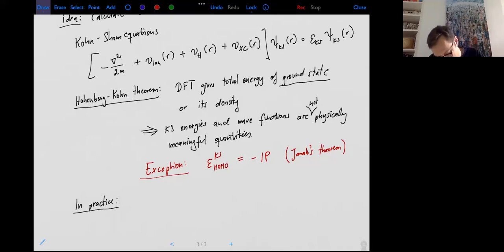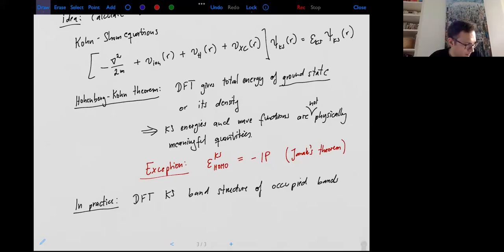So in practice, we often find that the DFT Kohn-Sham band structure of the occupied bands agrees, at least qualitatively, with experiment.